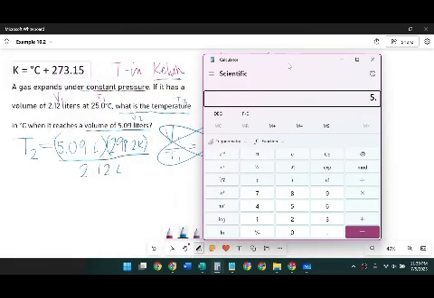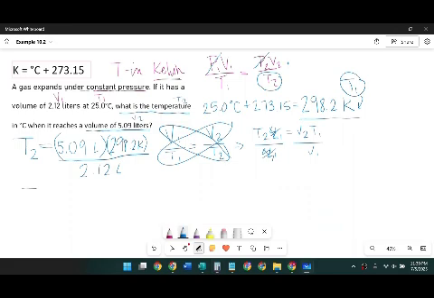So 5.09 times 298.2 divided by 2.12. Now, 3 significant digits is where we're going to have to cut this one off, and so this becomes 716. So our temperature is 716 Kelvin.